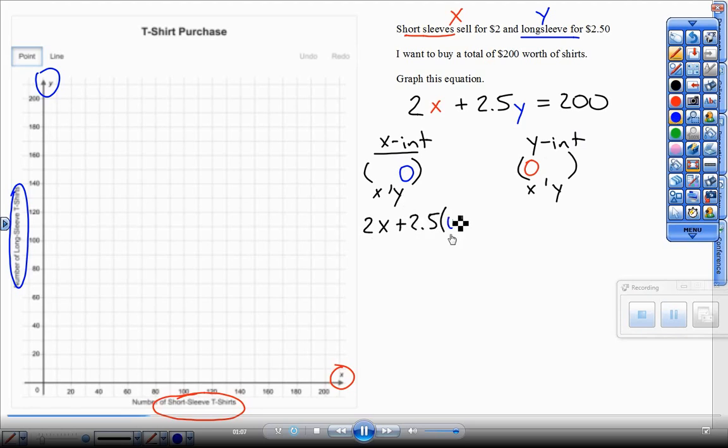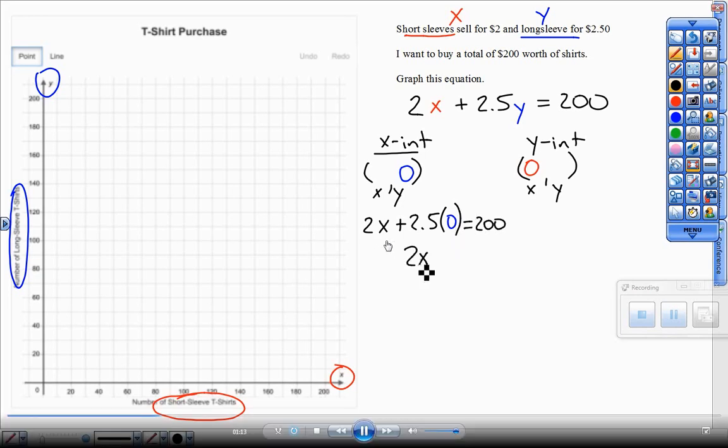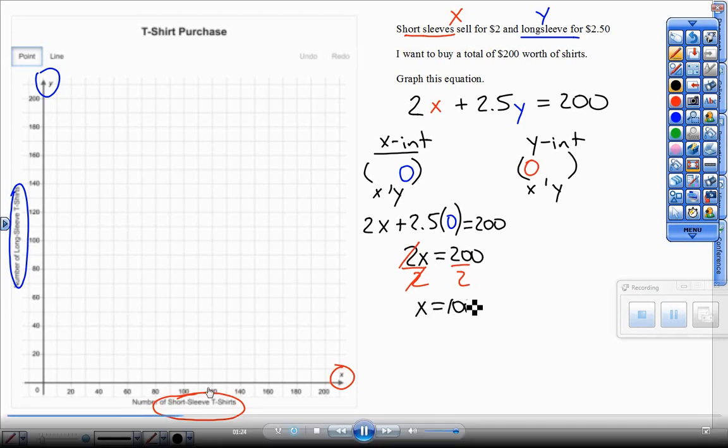I know that at the x-intercept, y is 0, so if I plug in y is 0 and solve for what's remaining, I'll get what x has to equal. So dividing by 2 makes x equal 100, which is my x-intercept at 100, 0 right here.